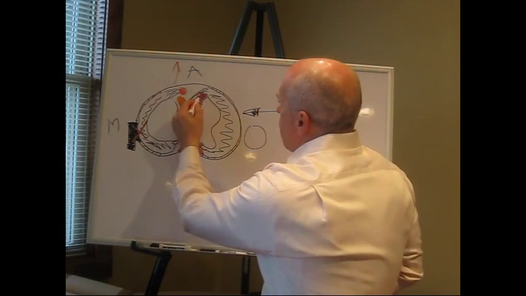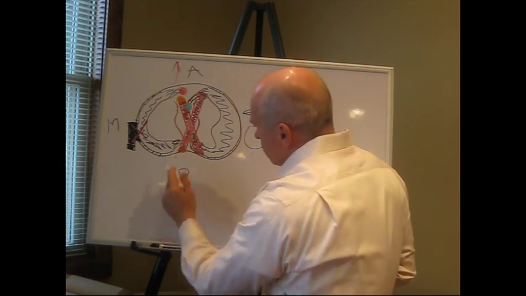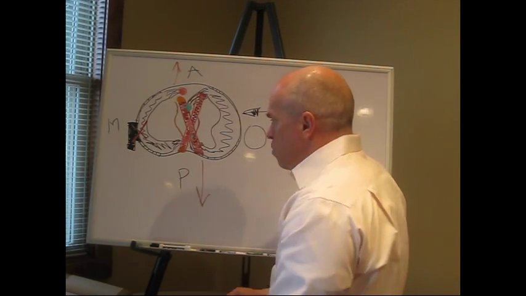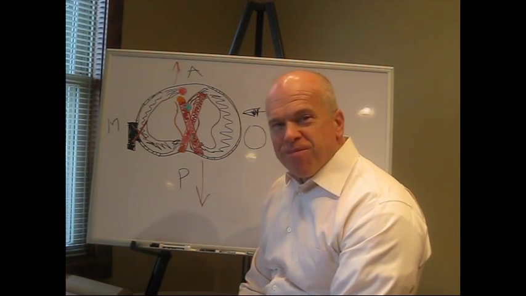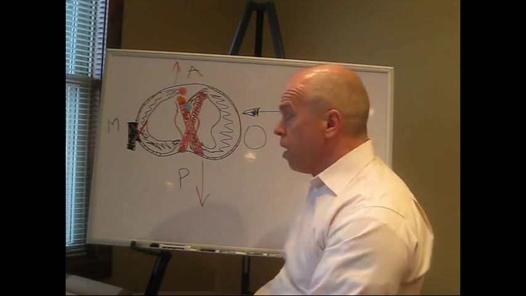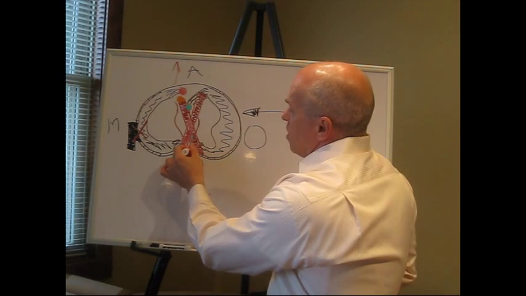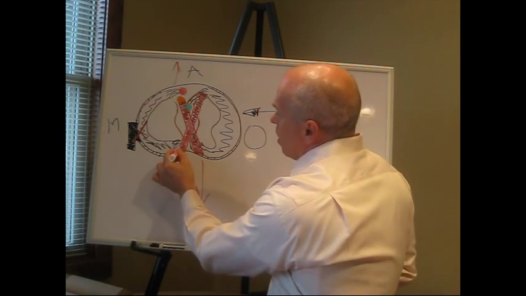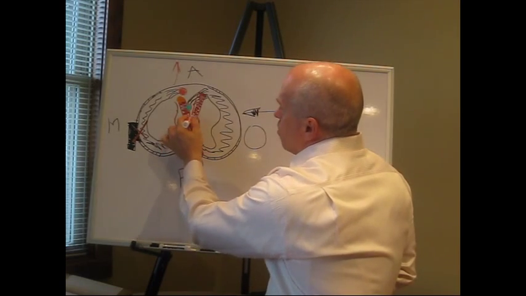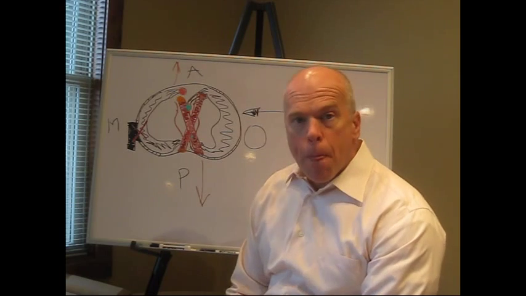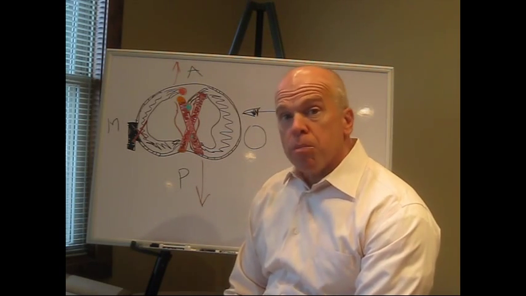The function of the posterior cruciate ligament is to prevent posterior displacement of the tibia on the femur. As the tibial plateau moves in the posterior direction, this cord becomes taut and resists posterior translation.